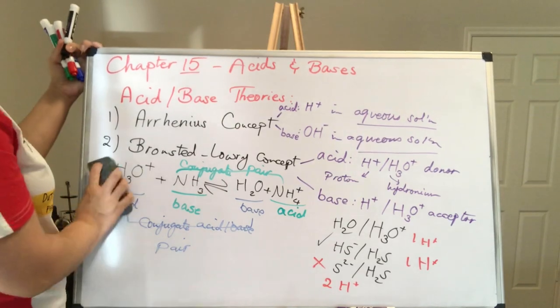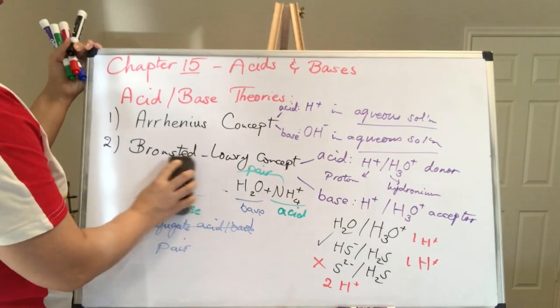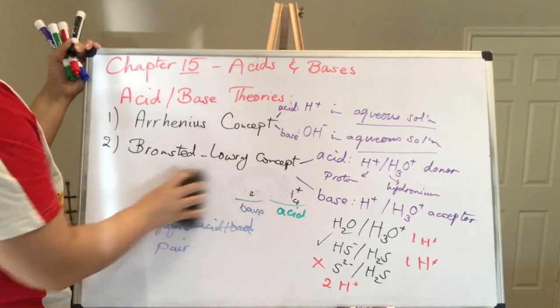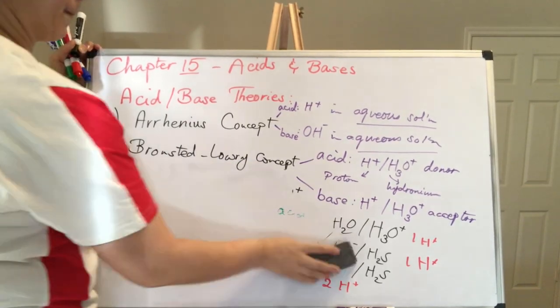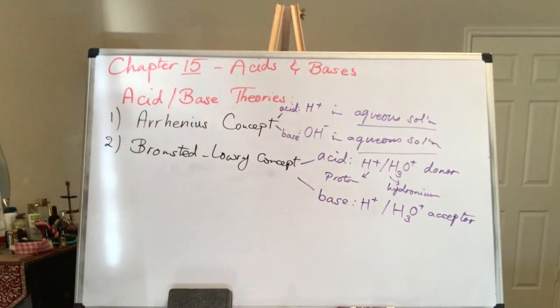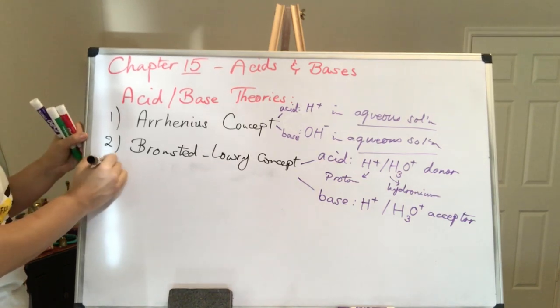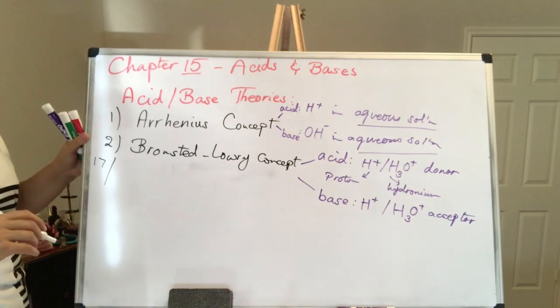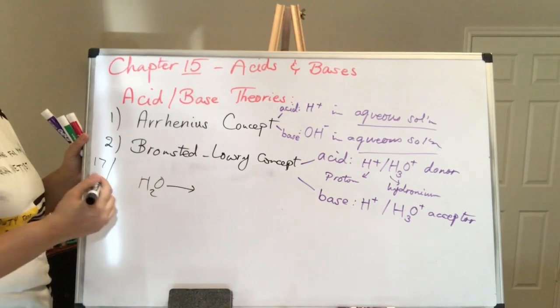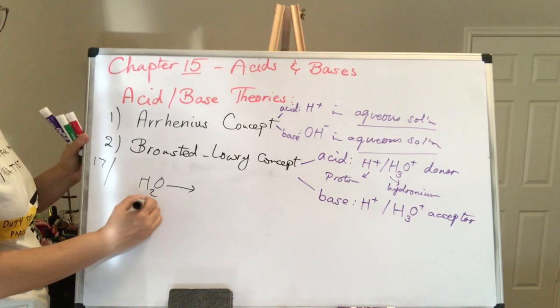Let's work a little bit more on this before we move towards the Lewis acid-base theory. Working on slide number 17. It says, what is the conjugate acid of H2O? So when it's asking for the conjugate acid, it means this is a base, right?